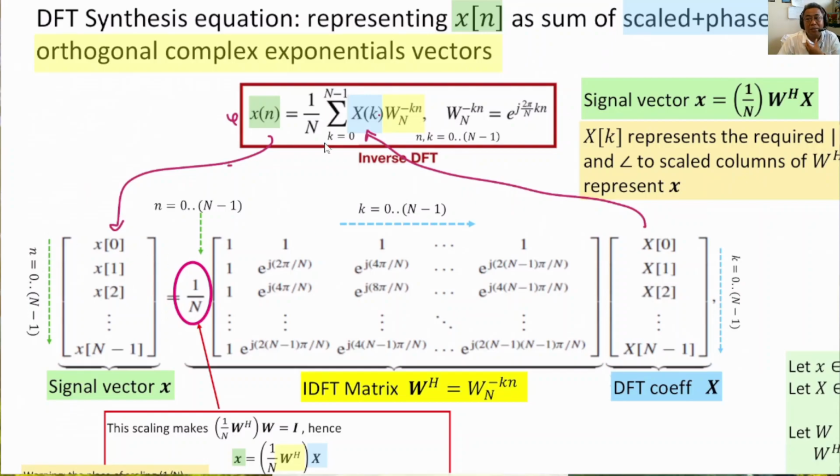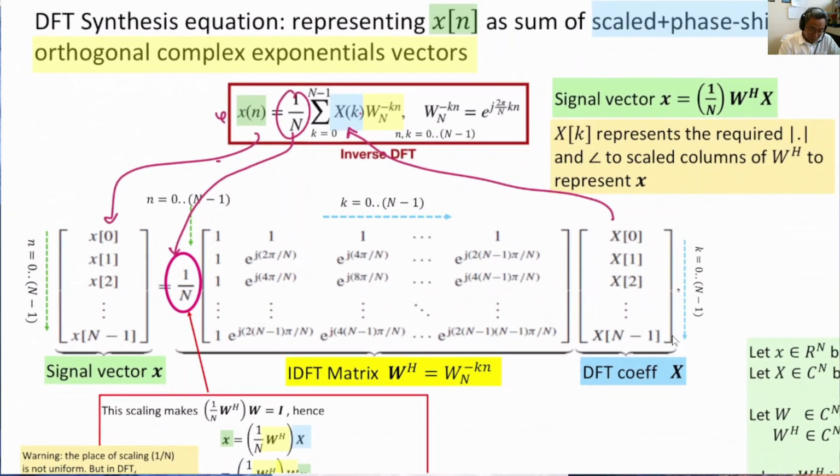So you realize that the inverse DFT equation here represents x as the DFT coefficients scaling this IDFT matrix called W^H. There's a 1 over n here, so don't forget about this. And we can think of it as the orthogonal decomposition, basically because you are decomposing this vector as a scaled version of these columns multiplied by these entries over here, which is matrix vector multiplication.